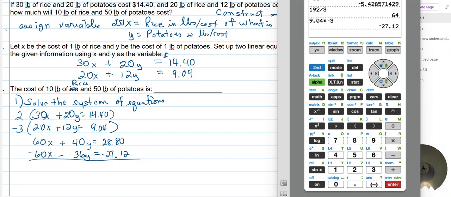Now I'm going to add vertically. This zeroes out. This gives me 4y equals 168.